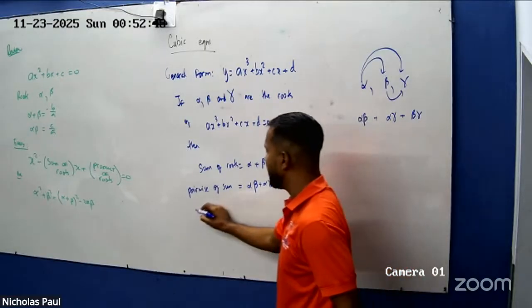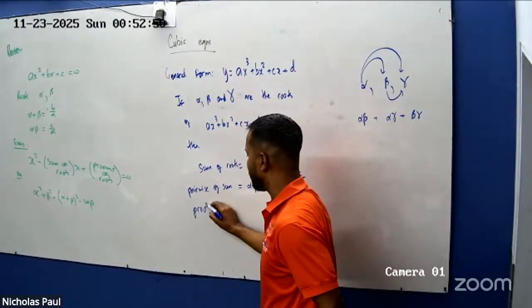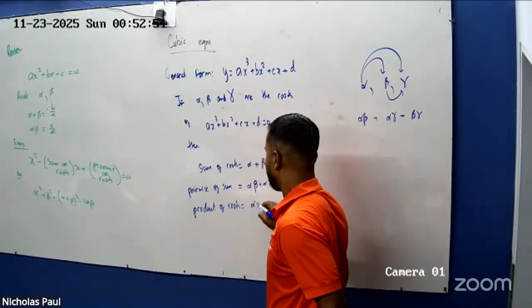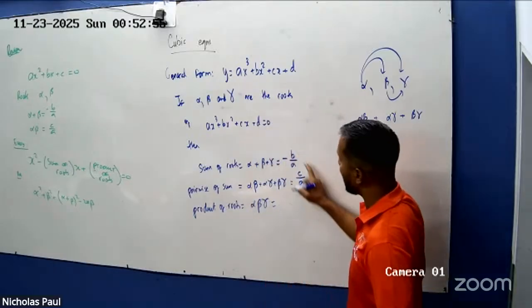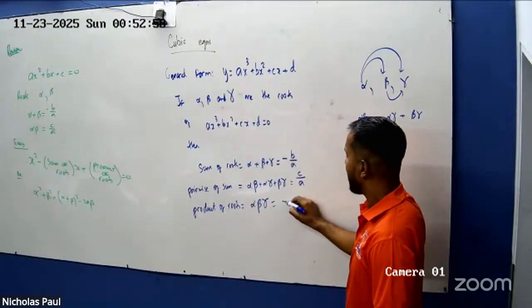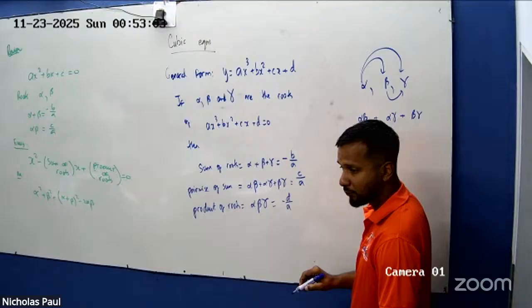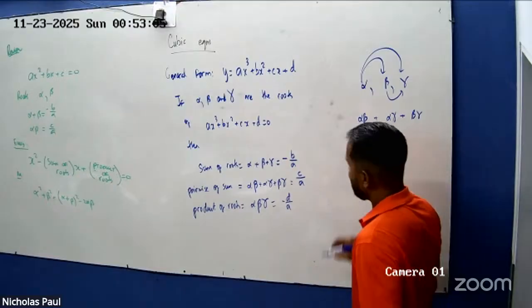And then you have the product of the roots, alpha beta gamma. Now we introduce d. That'll be minus d on a. So it's minus, plus, minus.